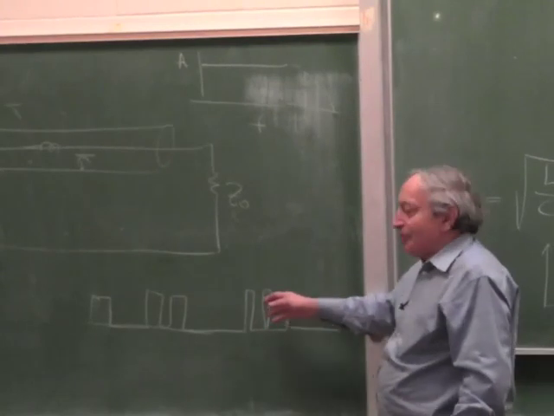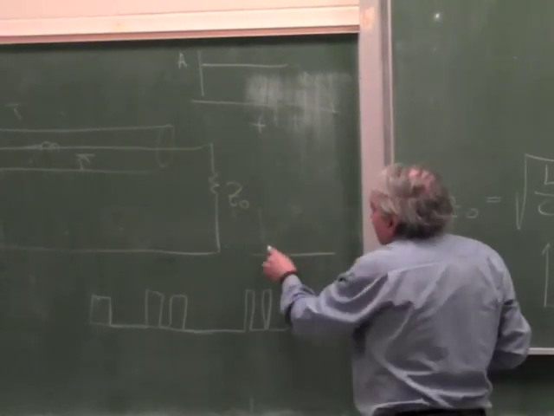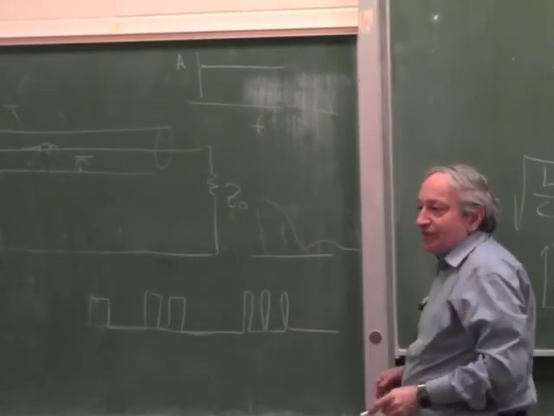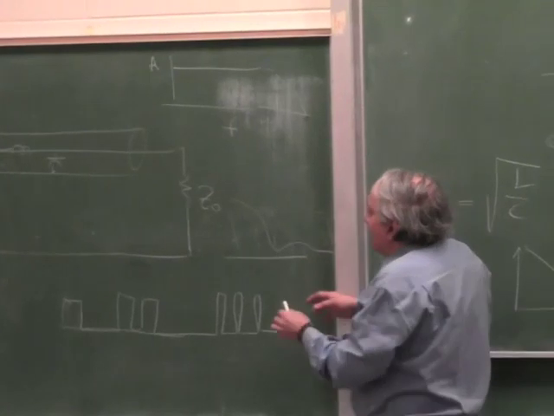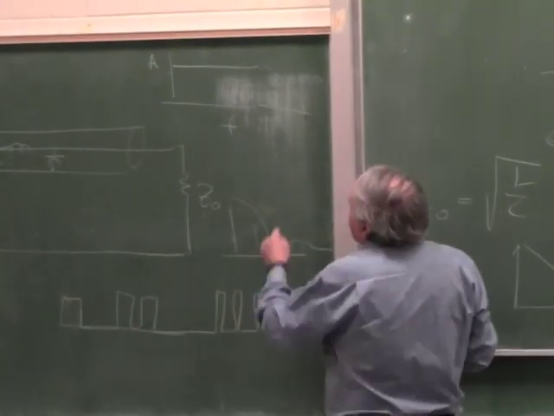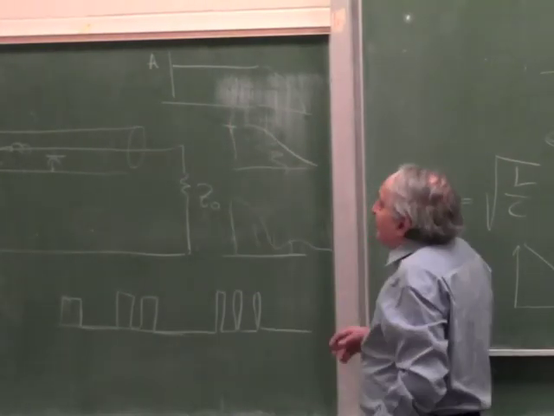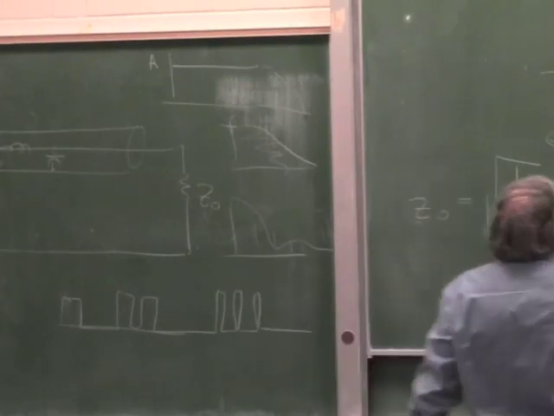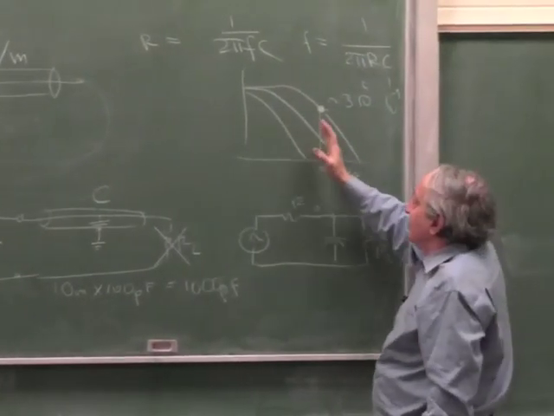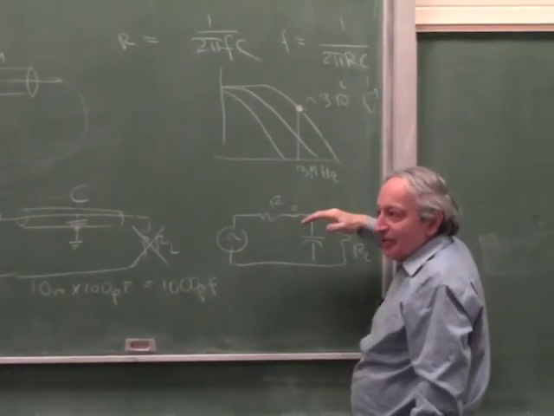Now the spectrum of a pulse, as you know very well, a single pulse looks like sine x over x, but basically the spectrum of a pulse has many spectral lines, and if these pulses are random, the spectrum will be something like this. So if I superimpose on it the spectrum of the pulses, the high frequencies will be attenuated and also phase shifted.